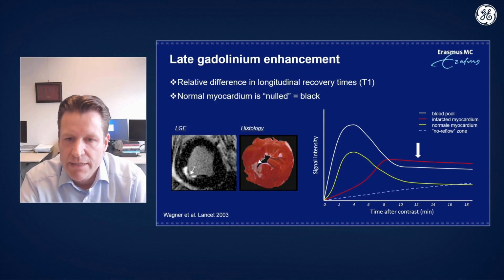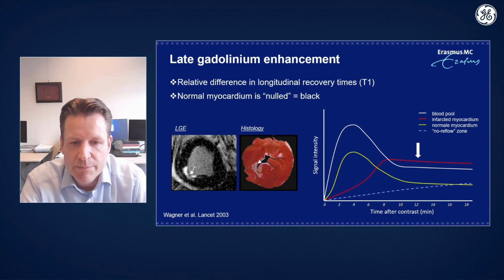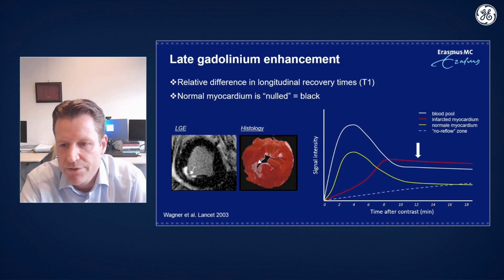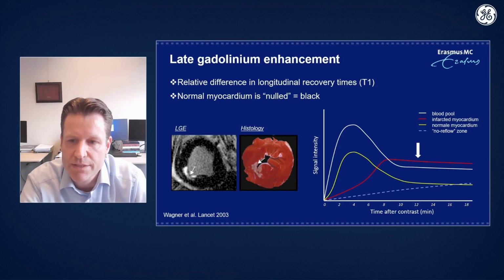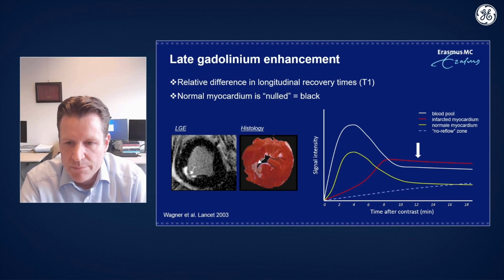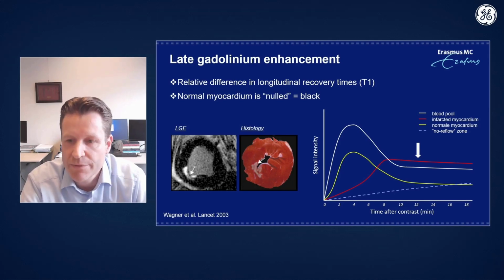And on the right, there's the signal intensity over time after contrast. It's called late gadolinium enhancement because we image normally around 10 to 15 minutes after contrast. Then the blood pool and the infarcted myocardium have a high signal, and the normal myocardium is much lower, and we choose a specific inversion time.